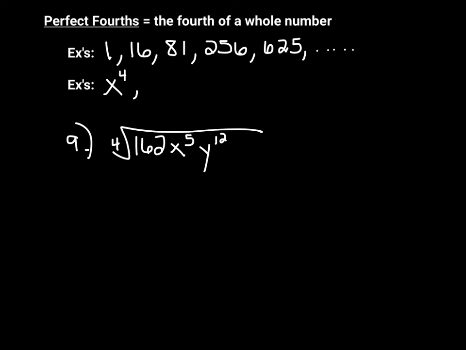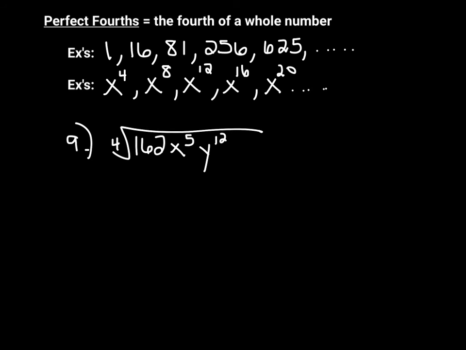Okay, the next one, if you took x squared and raised it to the 4th power, it would give you x to the 8th. The next one, if you took x cubed and raised it to the 4th power, it would give you x to the 12th. So you could see the trend. Our exponents here are just all the multiples of 4. And that list just keeps going and going, so we'll put a dot, dot, dot.